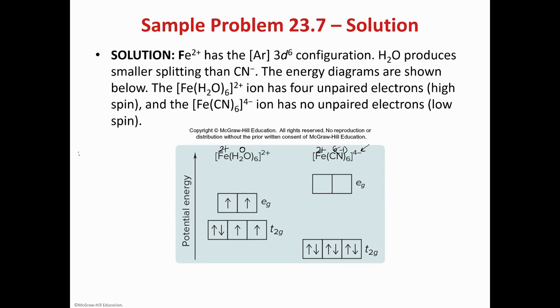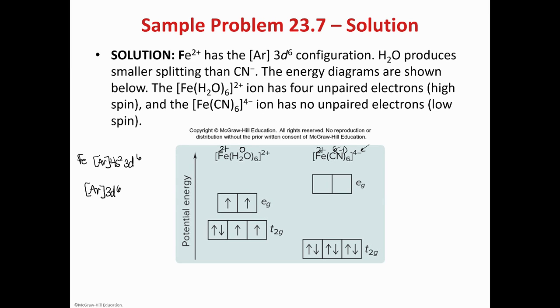Iron 2 plus, so let's go back. Iron regular is argon 4s2, 3d, 1, 2, 3, 4, 5, 6. Okay, so that iron 2 plus is argon 3d6. So you see why there's 6 arrows.